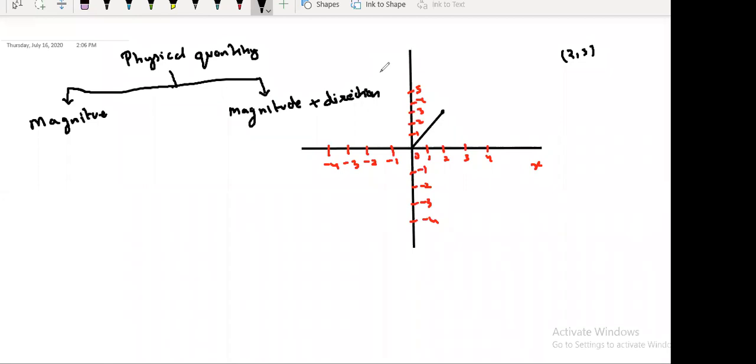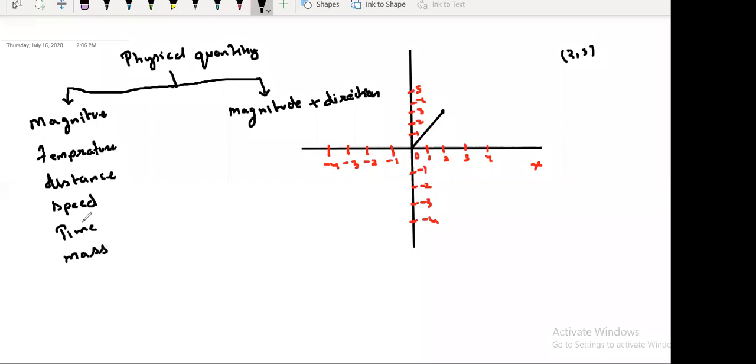Very good. Now, can you give an example of a physical quantity with magnitude only? Temperature, distance, speed, time, mass, very good.